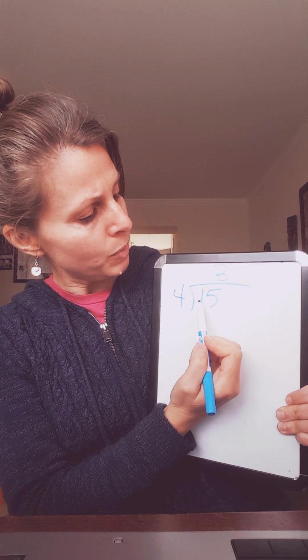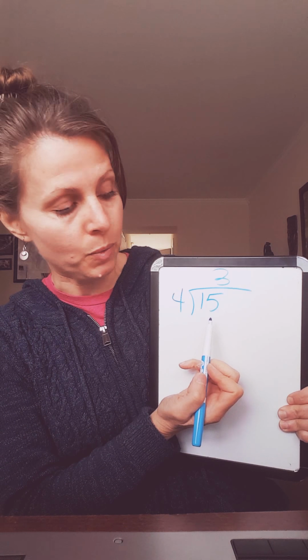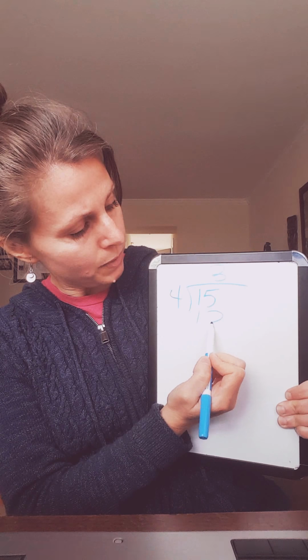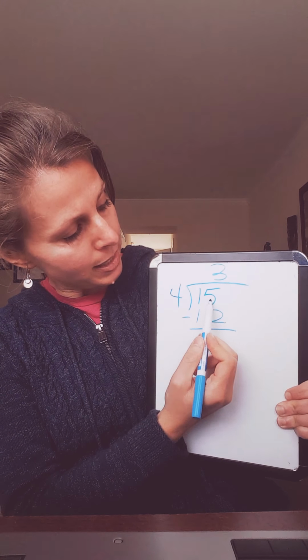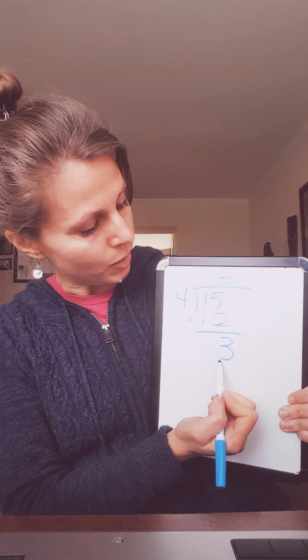So I'm going to put the 3 over the 5, because I cannot put it over the 1. 4 does not go into 1, right? 4 times 3 is 12. Now I subtract, and I get the number 3, which is our remainder, okay?